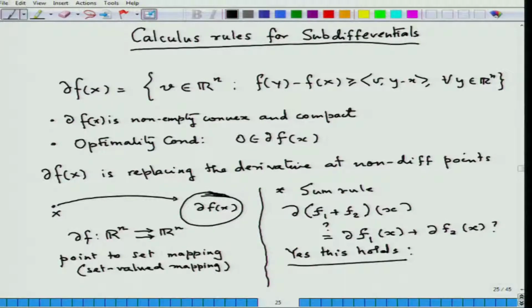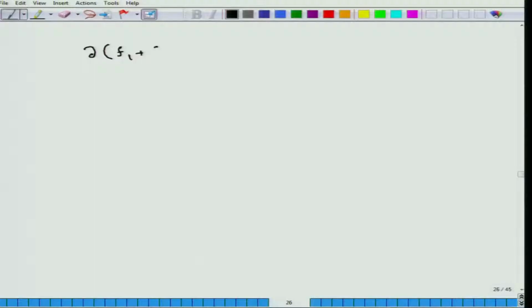So, if I go back and try to understand this writing, here we are talking about the equality of two sets.